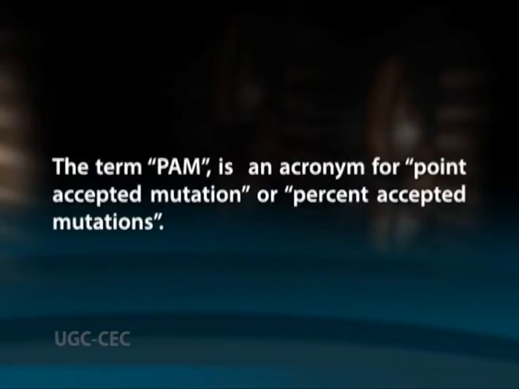The term PAM is an acronym for Point Accepted Mutation or Percent Accepted Mutations. It is used as a unit to measure the amount of evolutionary divergence or evolutionary distance between two amino acid sequences or proteins. In that context, one might say that sequence S1 is 5 PAM diverged or 5 PAM distant from sequence S2.